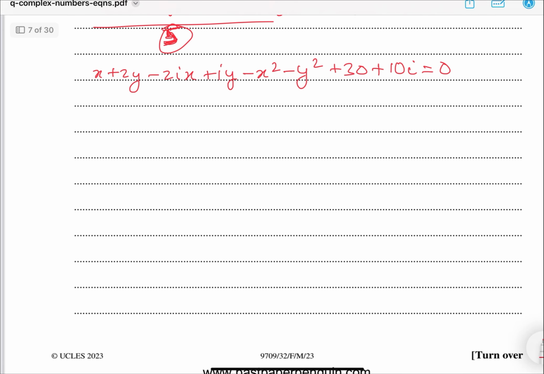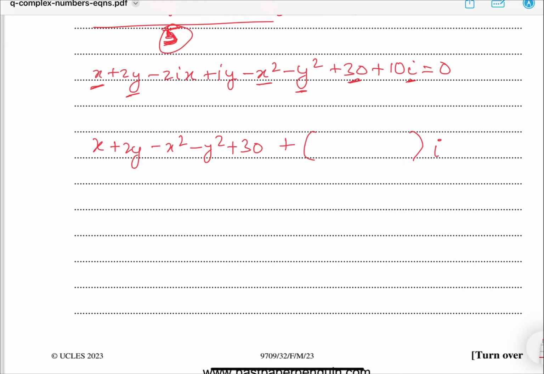Now real part, take the real part at one end. This and this, which are without i, are the real part. So it would be x plus 2y minus x square minus y square plus 30. This is the real part. And what is the imaginary part? Just put i over here.